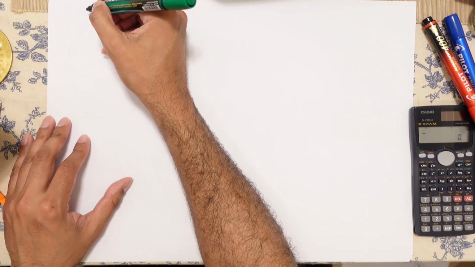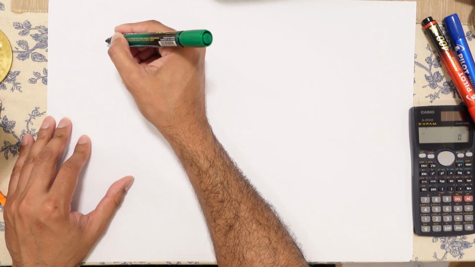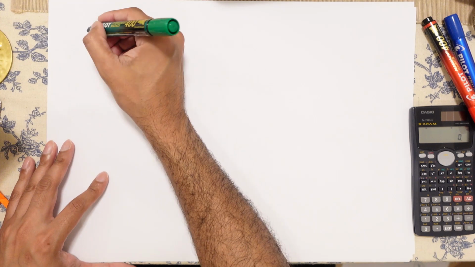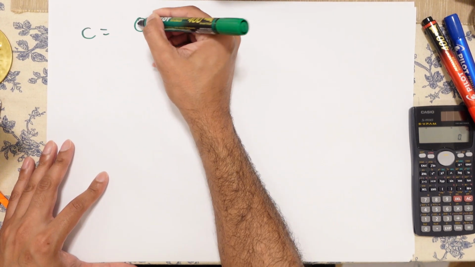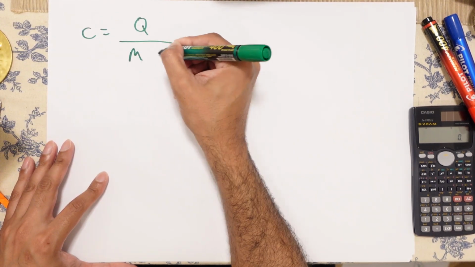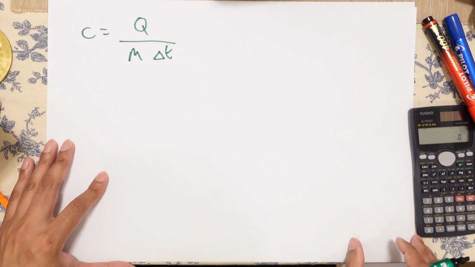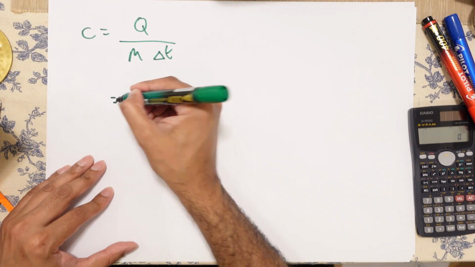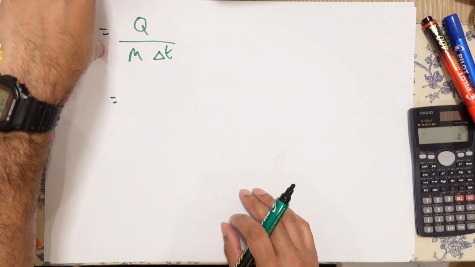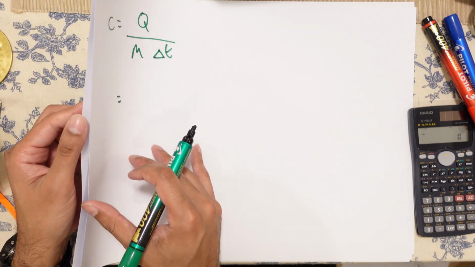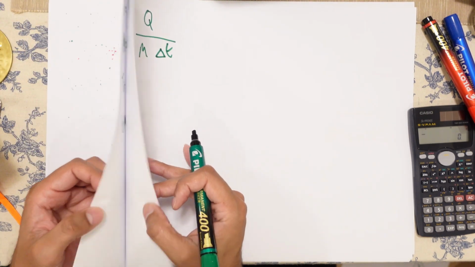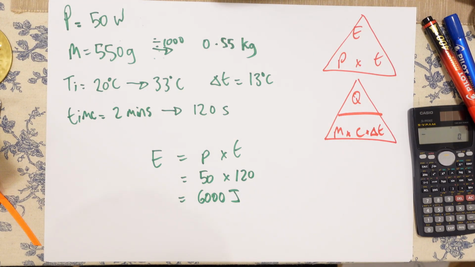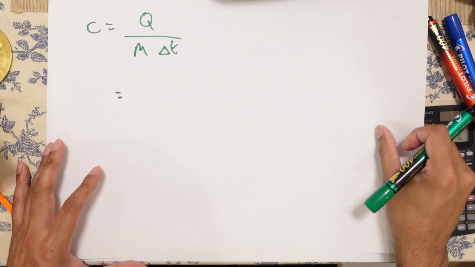Okay, so specific heat capacity is C, and C is Q divided by M delta T, right? So the Q is going to be the same as the energy. If you look back, the energy is 6,000 joules, so that's how much was transferred into the sand by the heater. So that's going to be the same as over here.